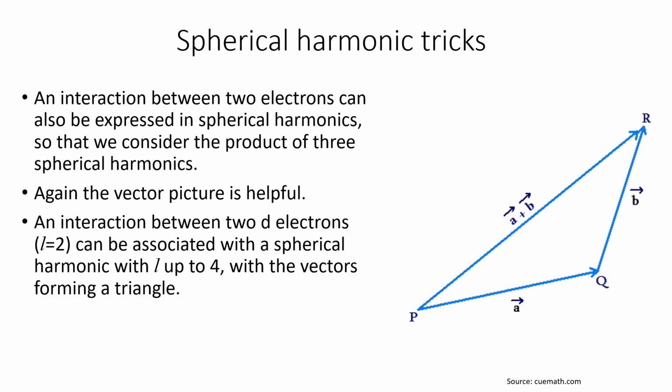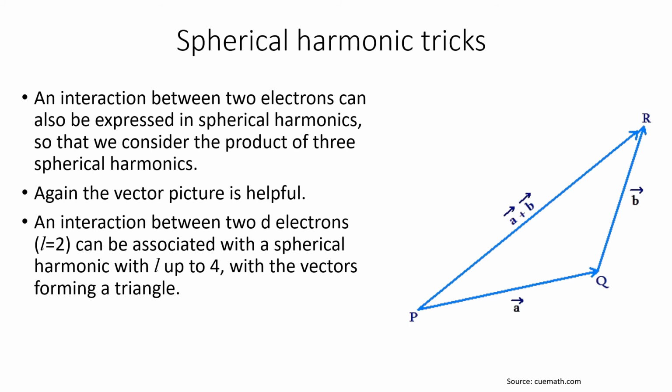And so in our particular case here, we're going to be looking at the d orbitals in particular. We can consider an interaction that involves a 90-degree rotation.